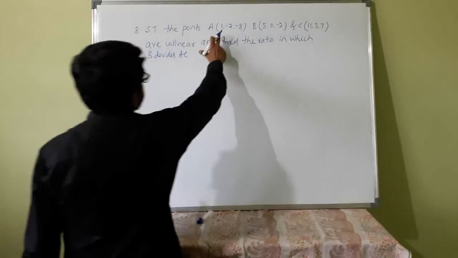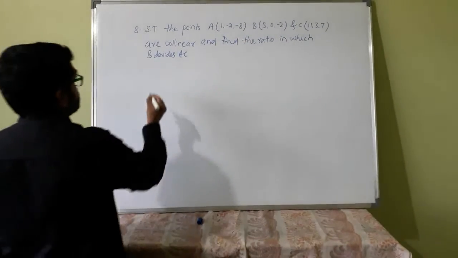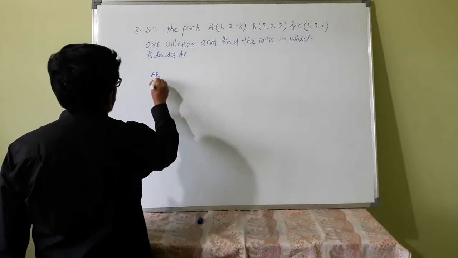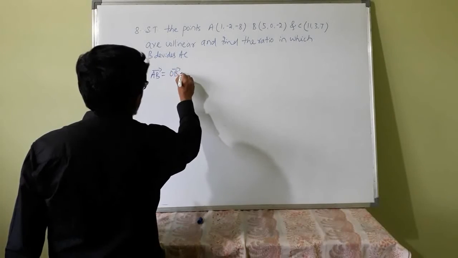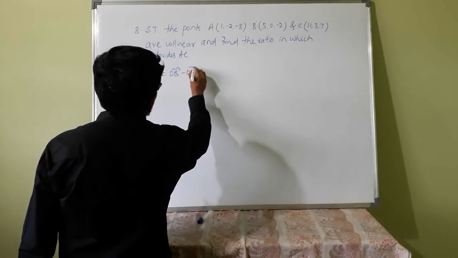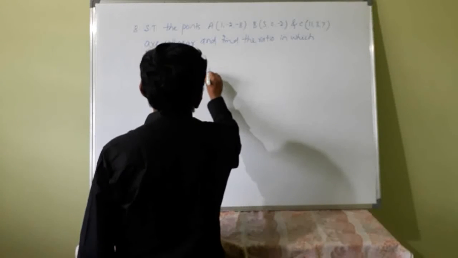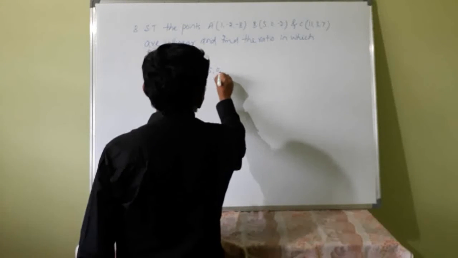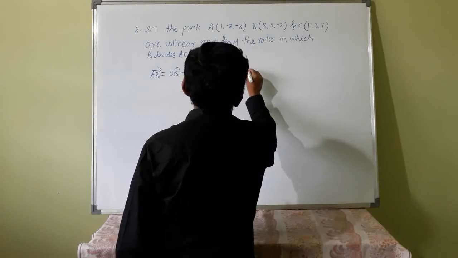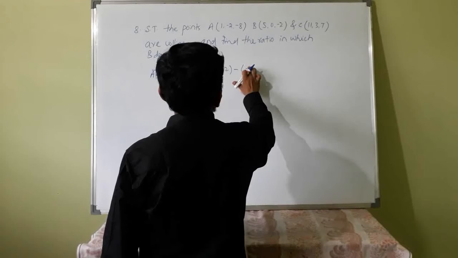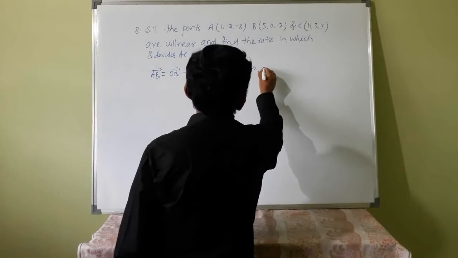Now these are the position vectors. I don't write that again and again. AB means OB minus OA, that is equal to OB (5, 0, minus 2) minus OA (1, minus 2, minus 8).